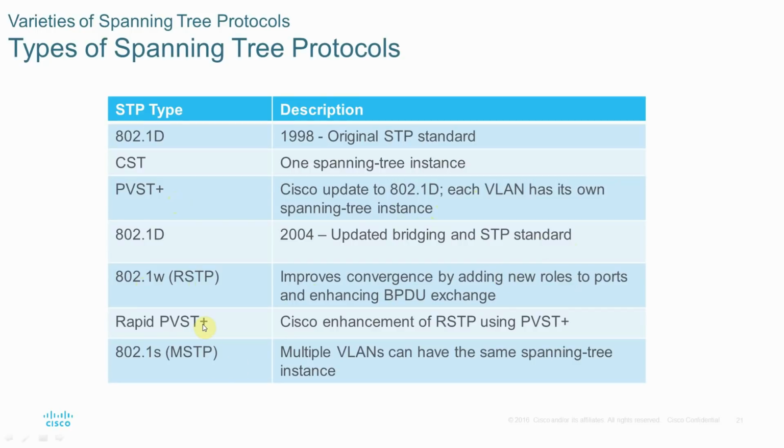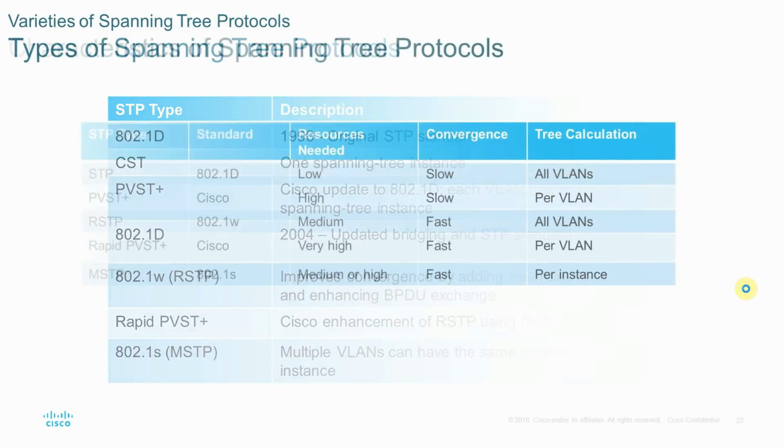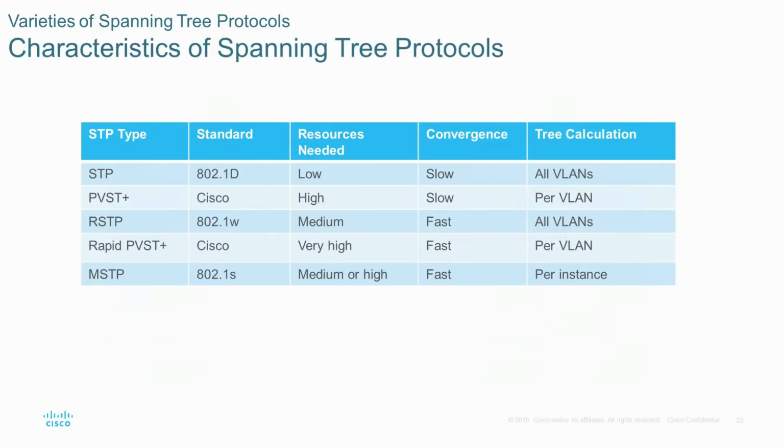Rapid PVST Plus is also Cisco proprietary, Cisco's enhancement of RSTP using PVST Plus. And 802.1s is MSTP, where multiple VLANs can share the same spanning tree instance.